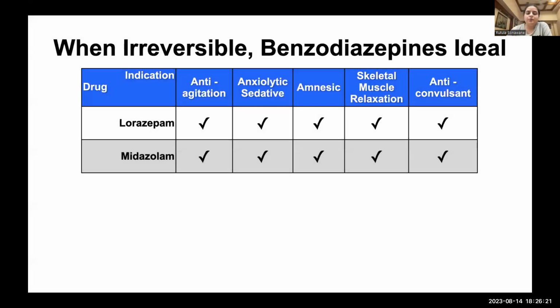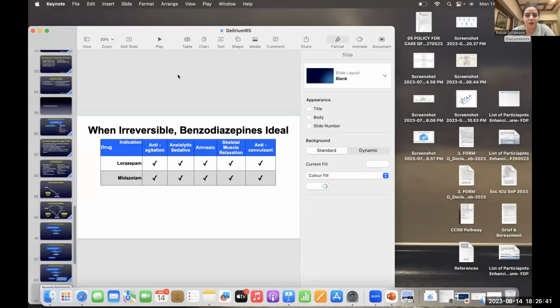Here you would give either lorazepam or midazolam, whichever is preferred, because it has all the properties we want to manage. It will have anti-agitation, anxiolytic, and sedative properties. It will have amnestic properties. You have your muscle relaxants, and also anticonvulsant properties as well.